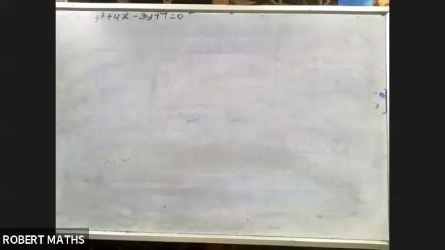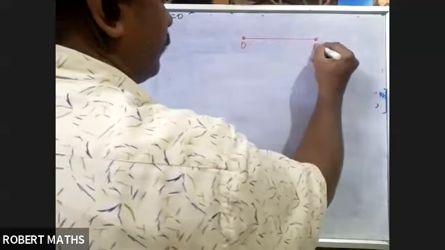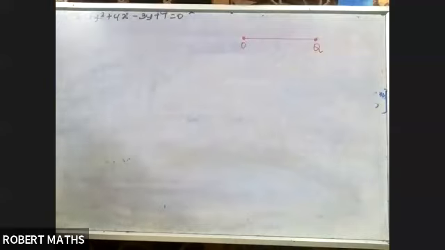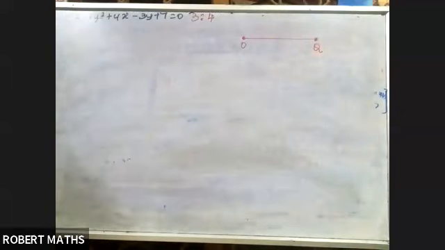Find the equation of the locus of P which divides the line segment OQ externally in the ratio 3:4, where O is the origin.